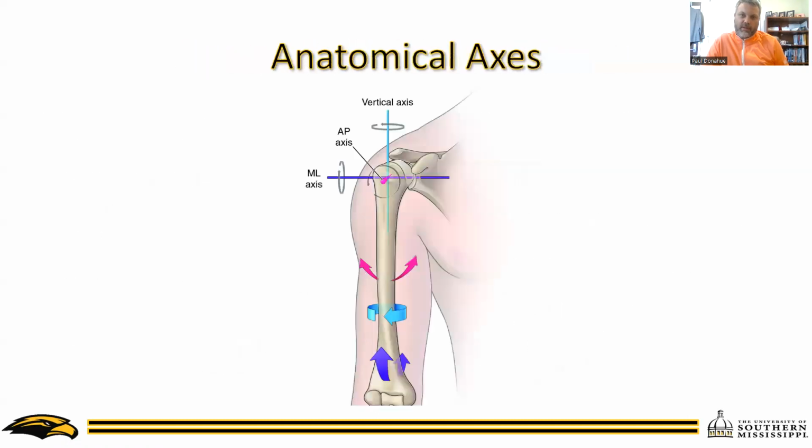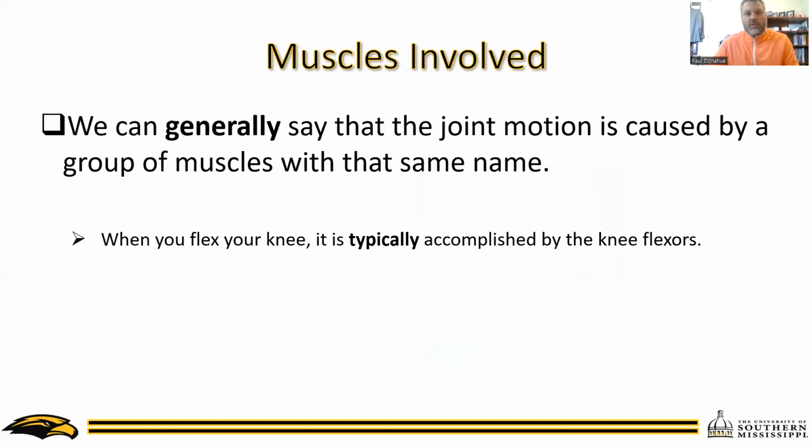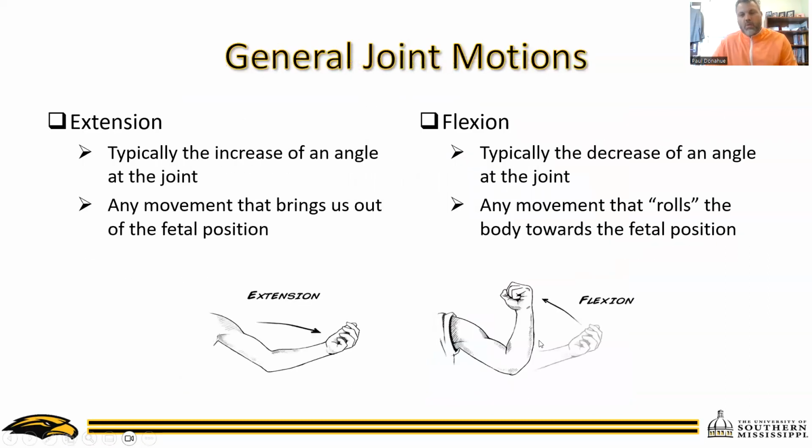So if we go back to our anatomical position, this is where we're starting from. If the arm here starts moving upward, so if I'm going to raise my arm up, I'm actually coming closer to the fetal position, which means that from our neutral spot and coming up is flexion.